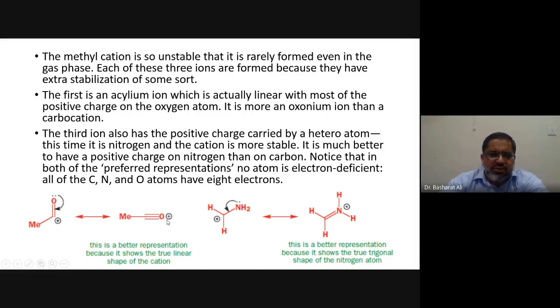In this situation, it is an acylium ion or an oxonium ion. This is the better representation because it shows the true linear shape of the cation. Similarly, this is a better representation because it shows the true trigonal shape of the nitrogen atom.